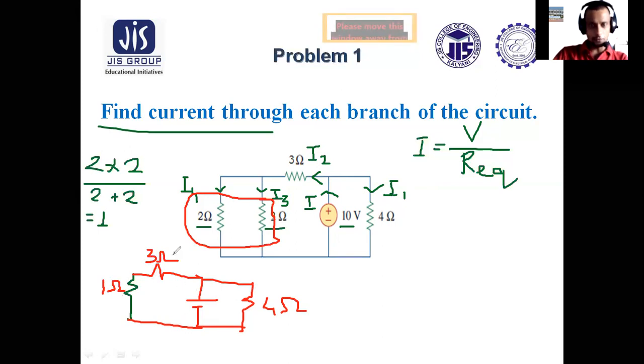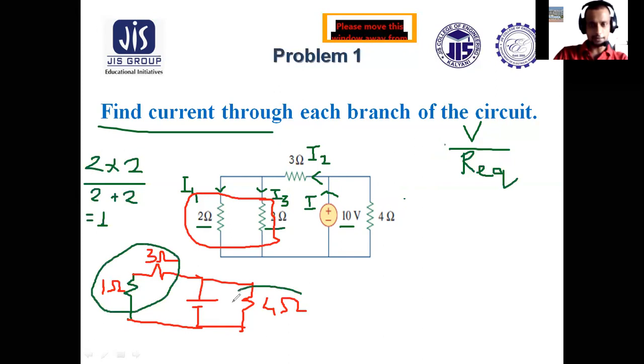The combination of these two resistances together forms a 4 ohm resistance. Now with this 4 ohm connected in parallel, because the total current I is divided into I1 and I2.